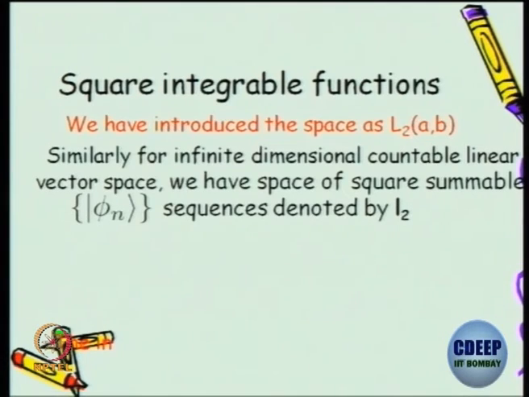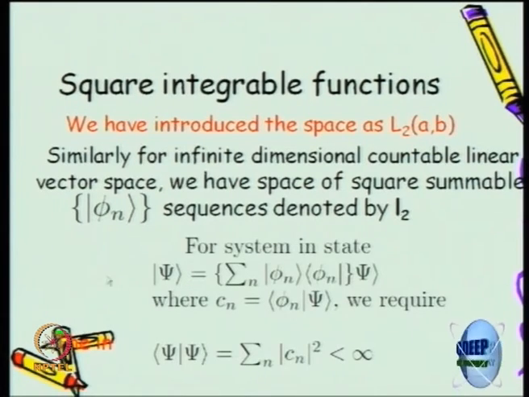Then I have also introduced for you the collection of square summable sequences, and that we denoted by a little l2. Each phi n set is a sequence, and that we denoted by little l2.